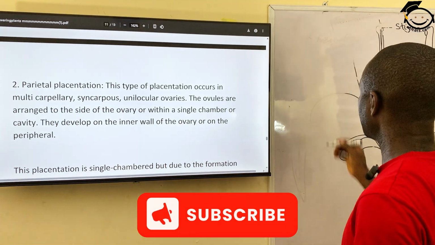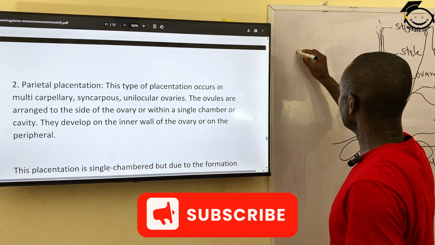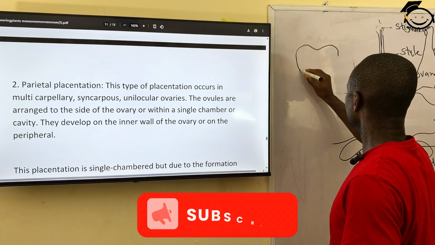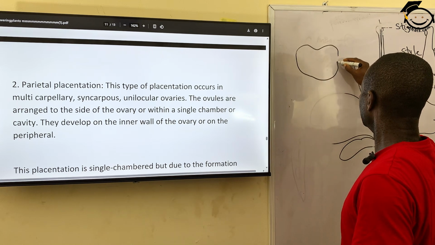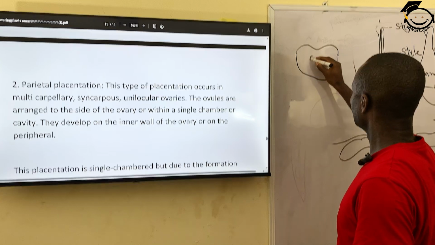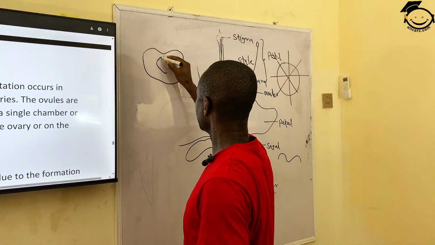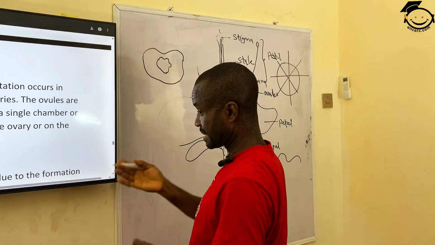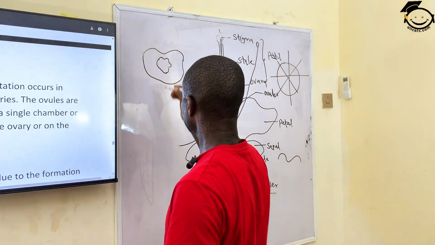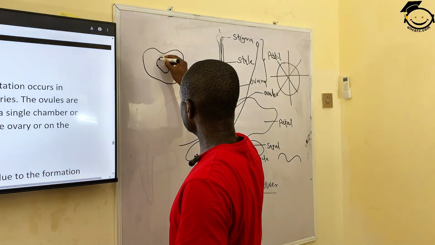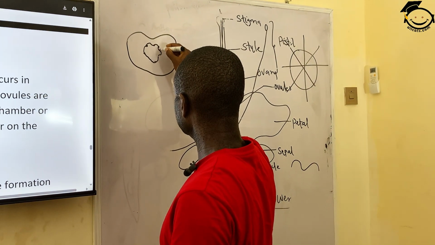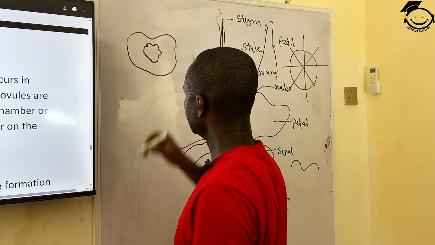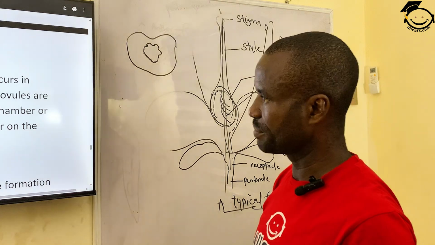For instance, if you cut the pawpaw open in a transverse section, you see the seeds arranged in this fashion at the side. This is called parietal arrangement.